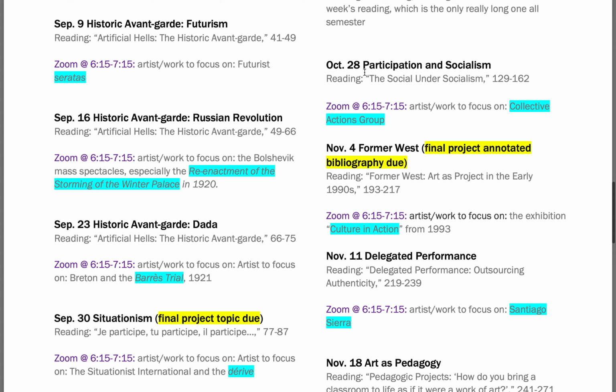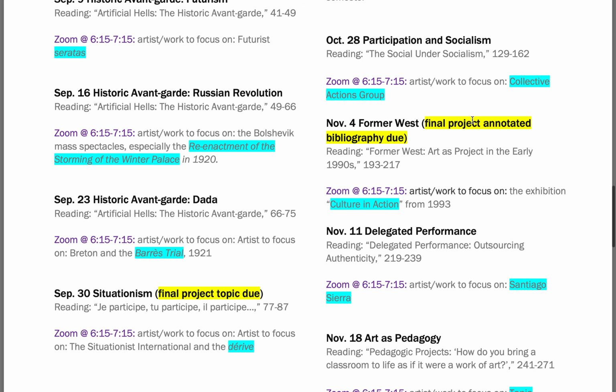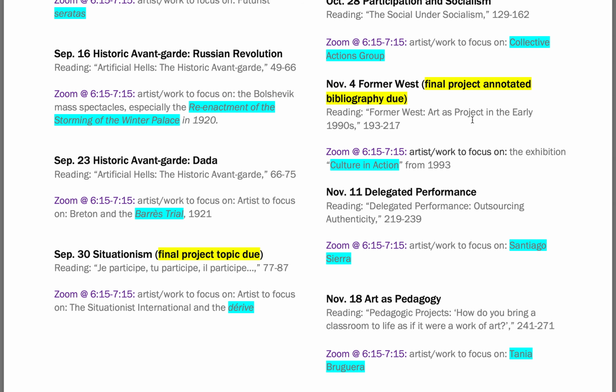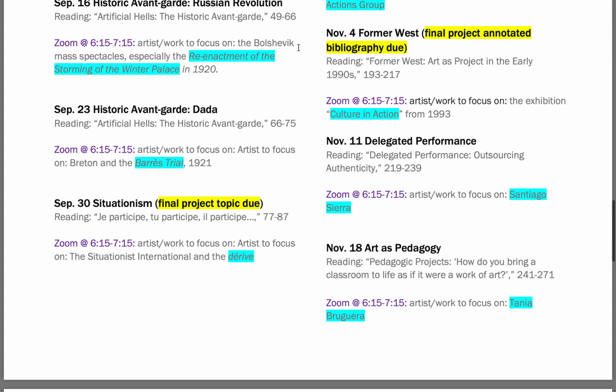So October 28th, we look at participation under socialism. We go out east behind the Iron Curtain. Then on November 4th, we look at what's called Artist Project. This is an interesting chapter, one of the more interesting chapters. And on that day, the final project annotated bibliography will be due.